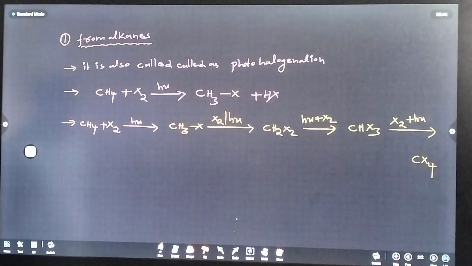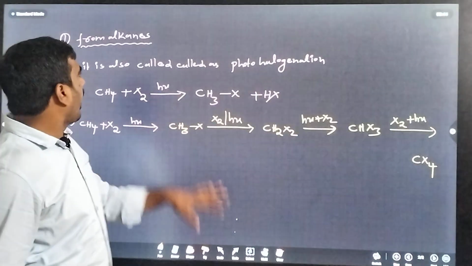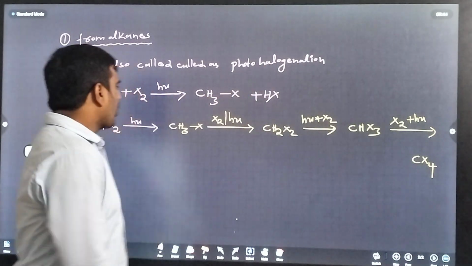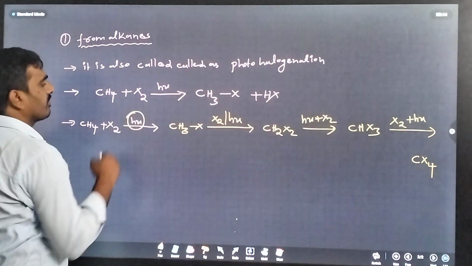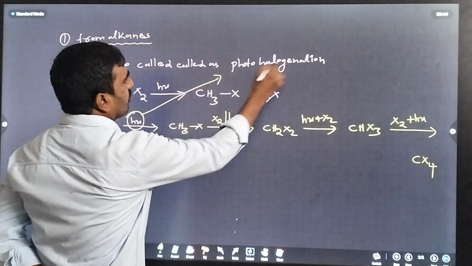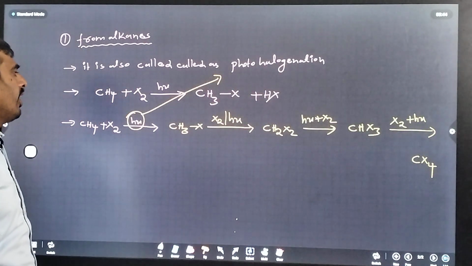This is halogenation. Why is it called photohalogenation? Because halogenation takes place in the presence of sunlight, we call it photohalogenation.